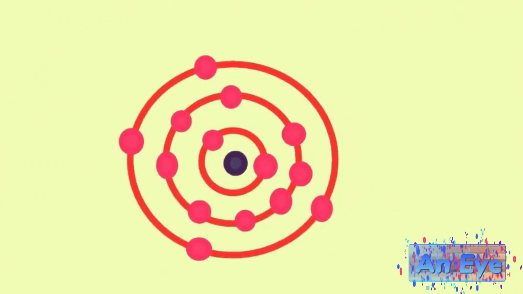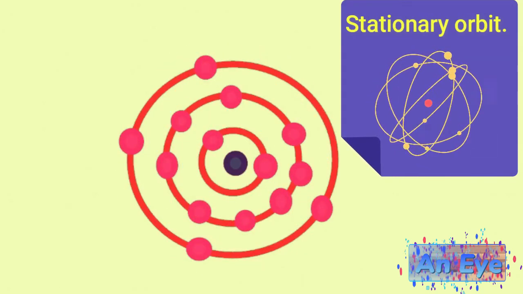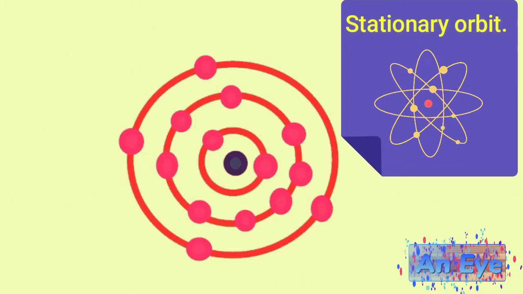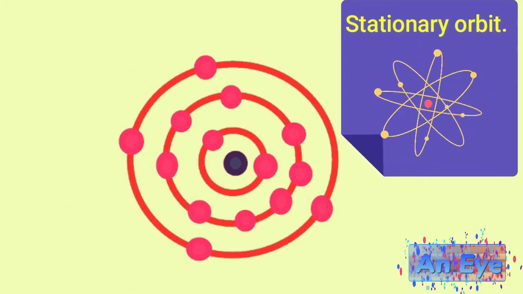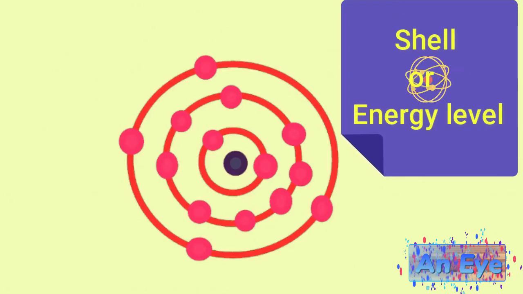Also, when electrons revolve in this orbit they do not radiate energy. Certain orbits in which an electron does not radiate energy, and are stable, are called stationary orbits. And since each stationary orbit has fixed energy, or quantized energy, they are also called shell or energy level.